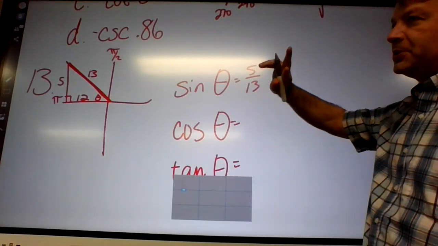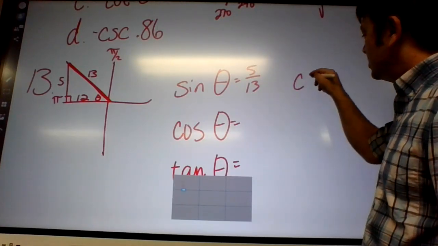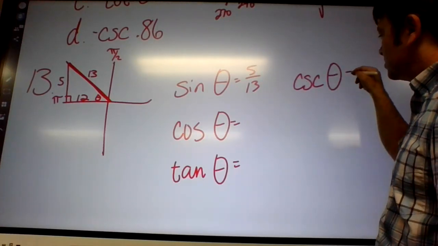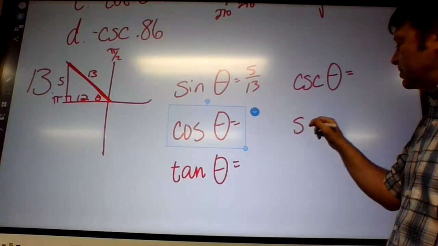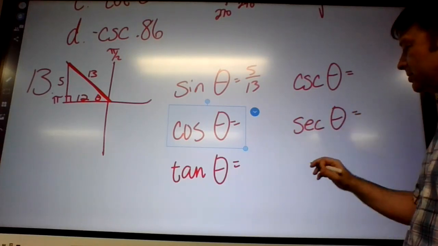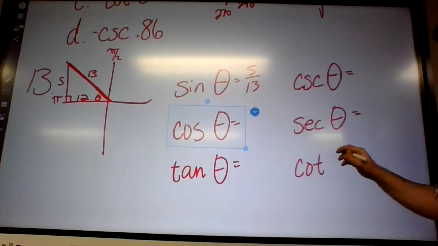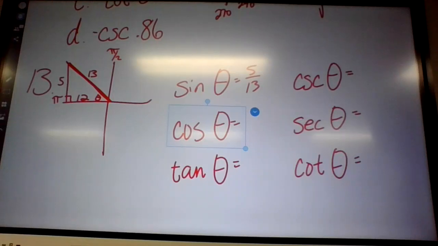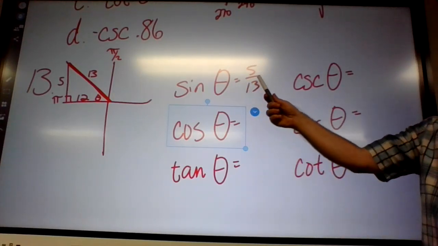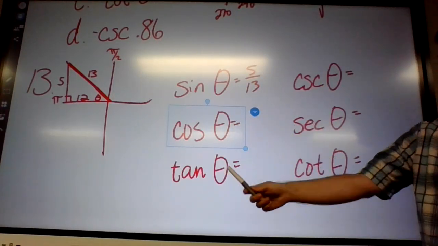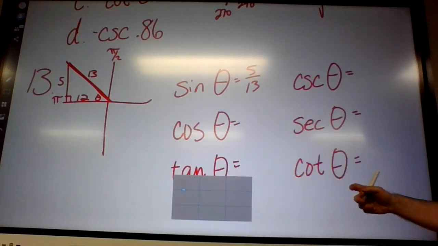What's the reciprocal of sine? CSC. Cosecant. Cosine. Tangent. Cotangent. If you pair them up like this, it'll make our answers easier to find.